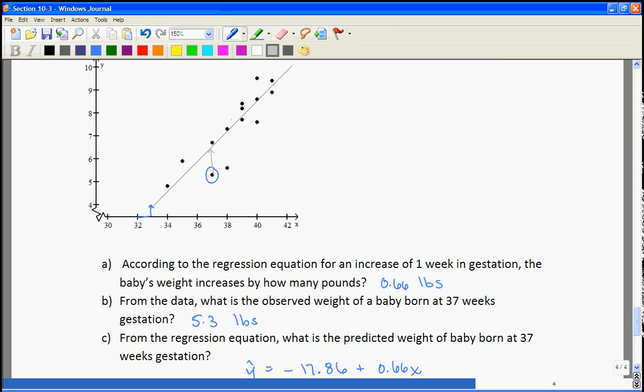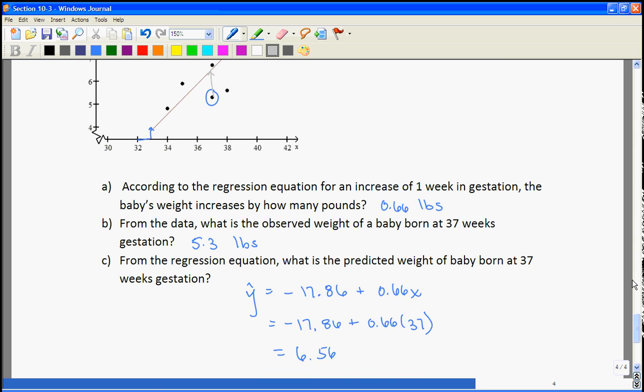It could change our regression line a little bit, and maybe that observation wouldn't be so different, or maybe that baby was just a little underweight, which there's nothing wrong with that, but just in the general trend of how it goes, that baby's just a little bit small. So the correct answer using the regression equation is 6.56, but that doesn't mean anything's necessarily wrong. It just is not as close to the observed value that we had previously.